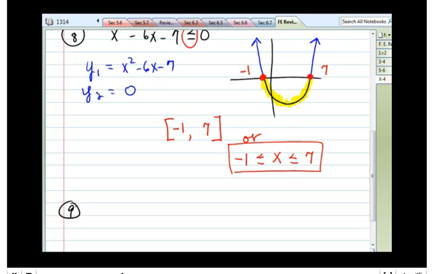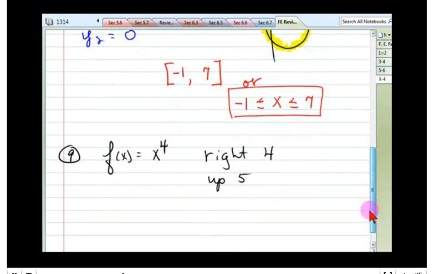There it is. Okay, 9 says find an equation that shifts the graph of f by the indicated amounts. So they give you this to start out with. And we want to go right 4 and up 5. So what does that mean?